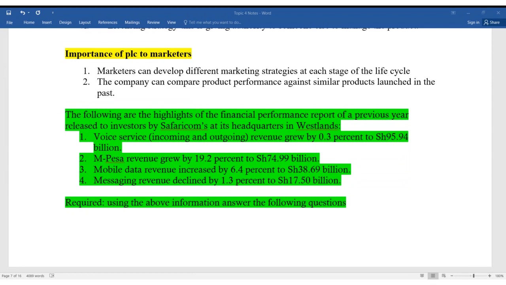If, for example, it's a manufacturing firm, let's say Unilever. Unilever may be making foodstuff like Blue Band, like Royco, and what have you. They may be making detergents like Omo, like Sunlight and others.